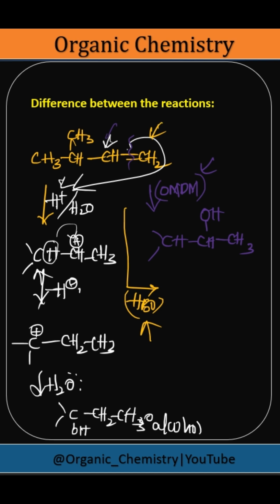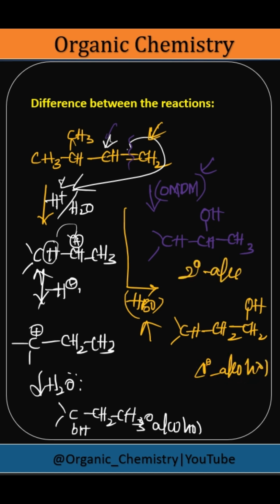So OH will be added on this carbon, and here we'll get this type of product, CH2 OH. So here we have got a primary alcohol, here a secondary alcohol, and here a tertiary alcohol. So according to our desired product, we will choose one of these reactions.